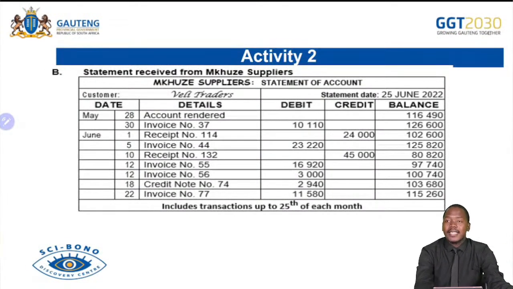Received from Mkuze suppliers. Grade 12, you shouldn't be worried. All of this information will be displayed to you as we solve each and every transaction. Now, this is the statement we've received. You can also look at it for a few seconds.